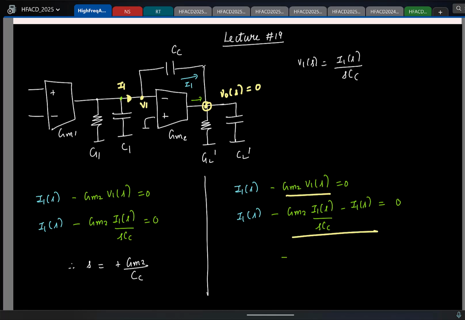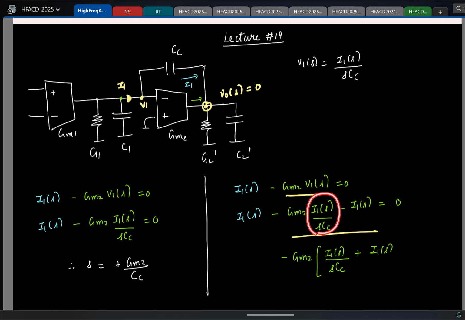For that, I'll take GM2 outside here. So I have I1 of s by SCC plus what do I have? If I take GM2 common, what do I have here? I'm just pulling out GM2 from the two terms.